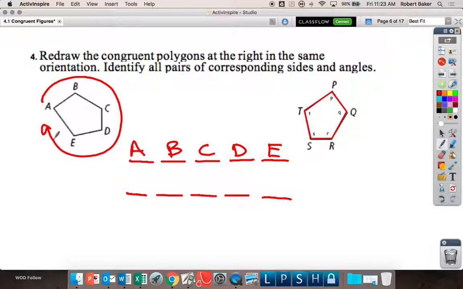You think it's P, Q, R, S, T? No, sorry. You think P and A match? You were right. P, Q, R, S, T.